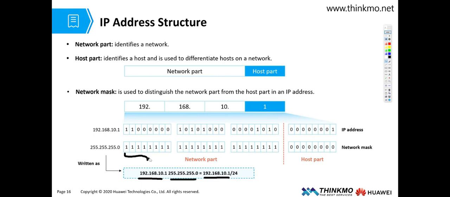In this case, this is 8 ones, this is 8 ones, and this is 8 ones. So 3 times 8 equals 24, and here we can write 24. If it's four 255s, at this point we need to write /32, because each 255 actually equals 8 ones. This is our subnet mask.